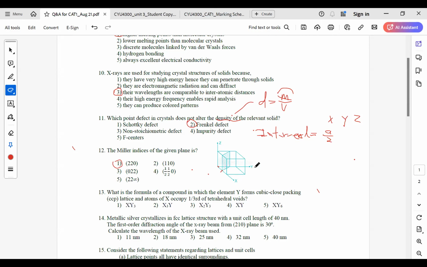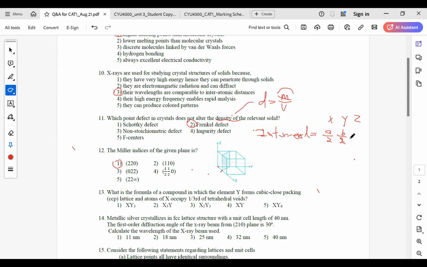Then if you go along the y-axis, it doesn't say this is a cubic unit cell, so to be safe, we will use 3 different unit cell lengths. Along the y-axis, it's again at halfway length. What about the z-axis?